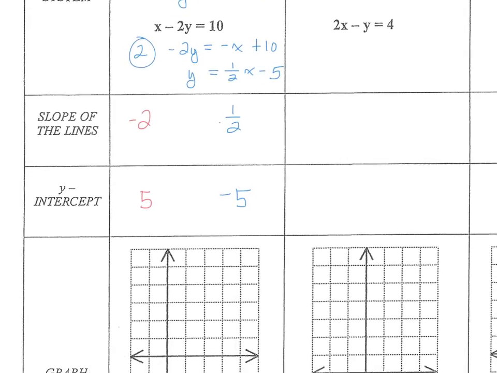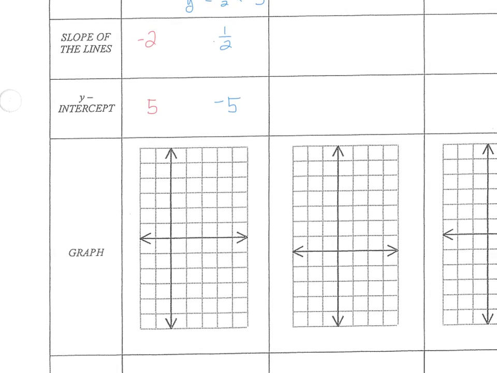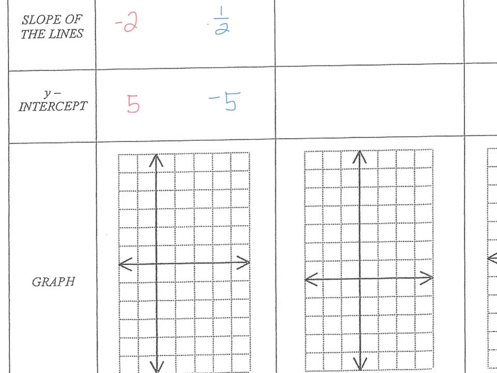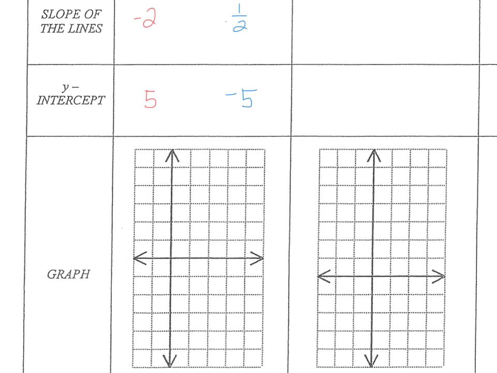Now we can go ahead and graph these lines. We'll graph the red line first. I don't even need the equation anymore because I have the y-intercept, which is 5 for the red line, and my slope is negative 2. Remember, negative 2 is over 1, so it's rise over run.